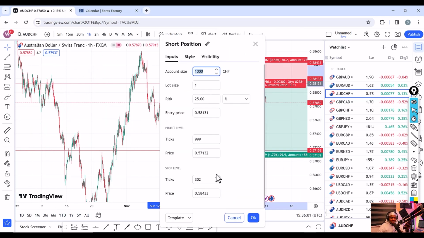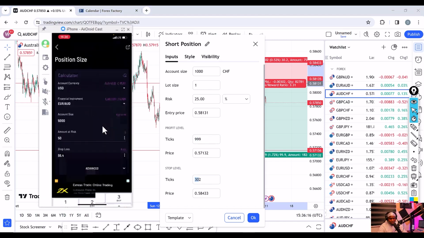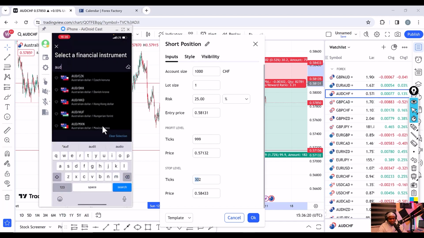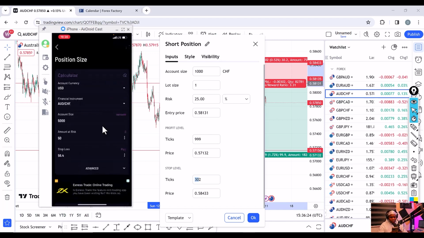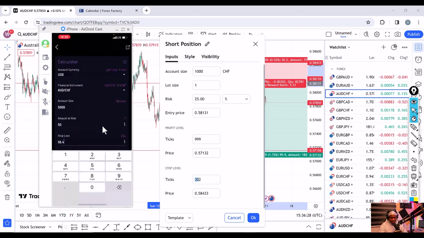So on this one, what is the profit level? 99 pips. Stop loss 30 pips. So I'm going to come here, do the same thing. I'm going to change the currency traded to AUD CHF. Doing that right now. $50 was the stop loss, 30 pips, 30.2 pips.